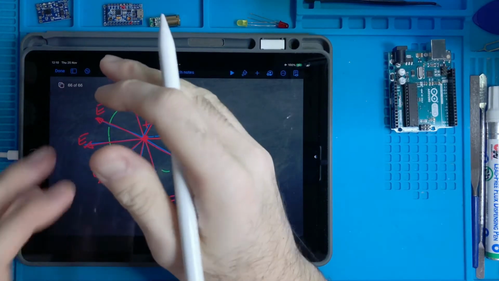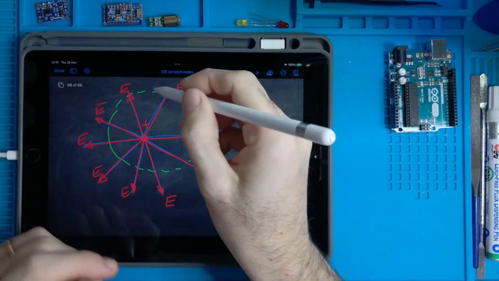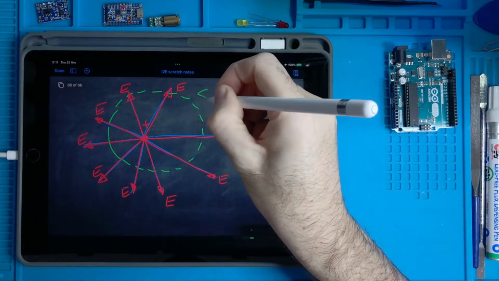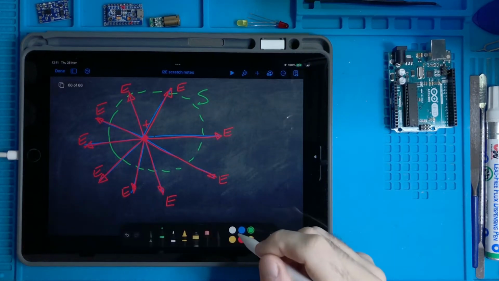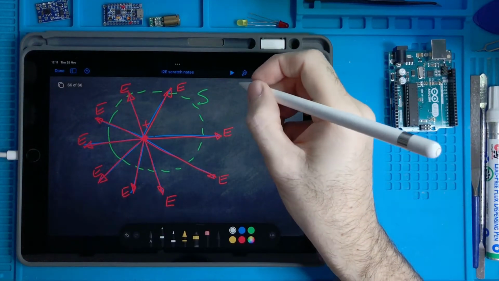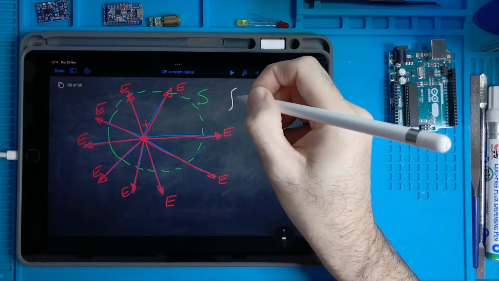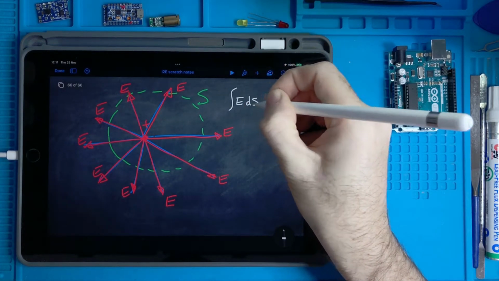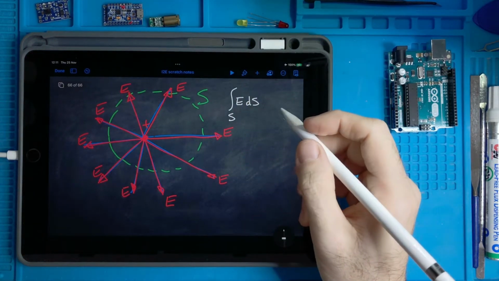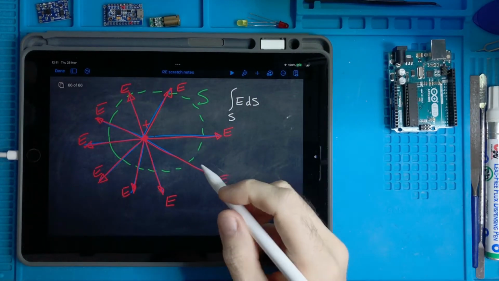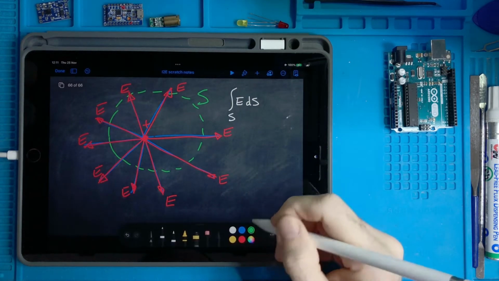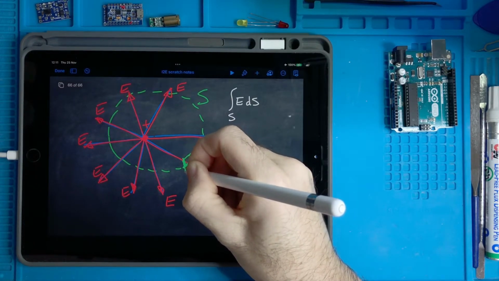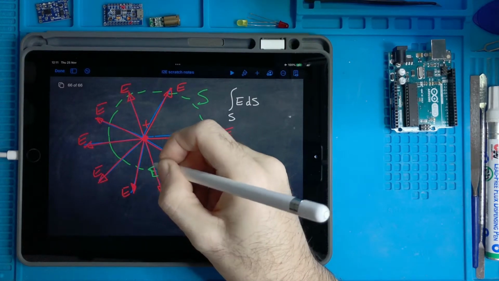So this sphere has a cross section indicated by this circle, but has a certain surface. And one result is that if we integrate the electric field over that surface, meaning basically that we divide the surface into little portions of surface like this.